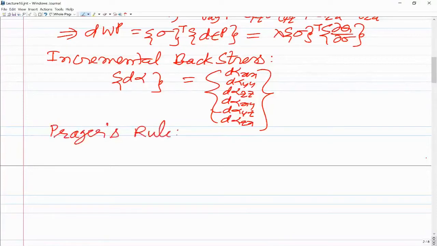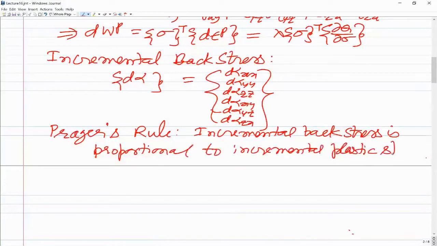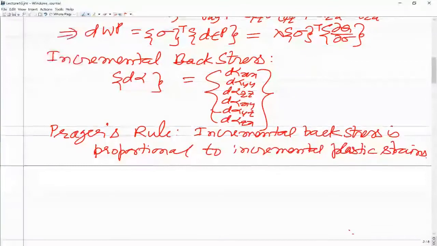As suggested by Prager, the incremental back stress is proportional to incremental plastic strains. So Prager's rule is the evolution law for back stress.